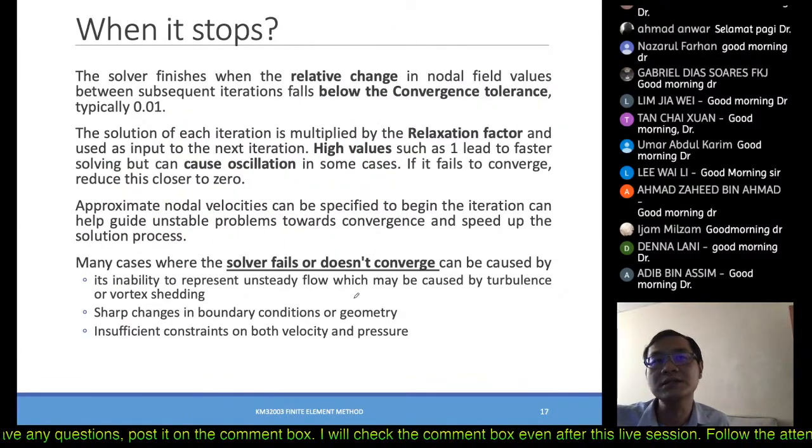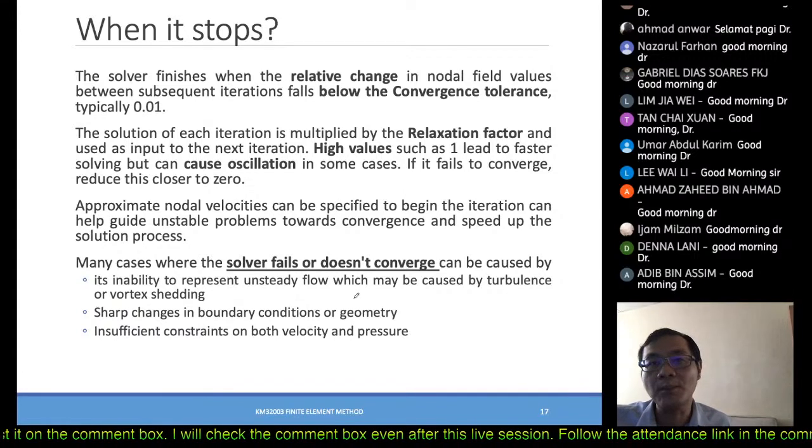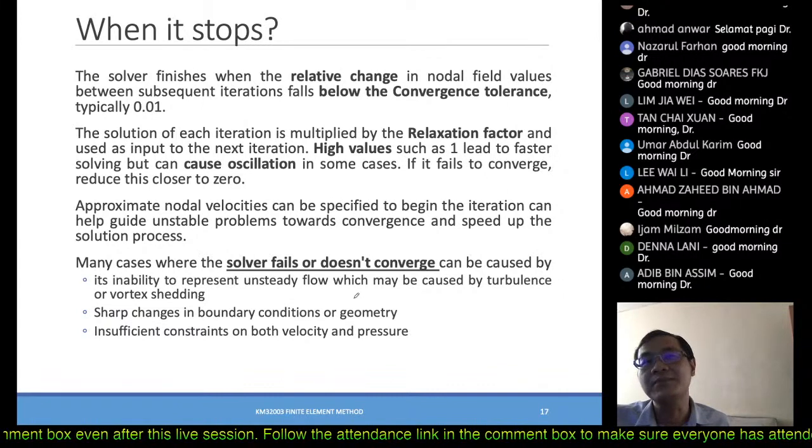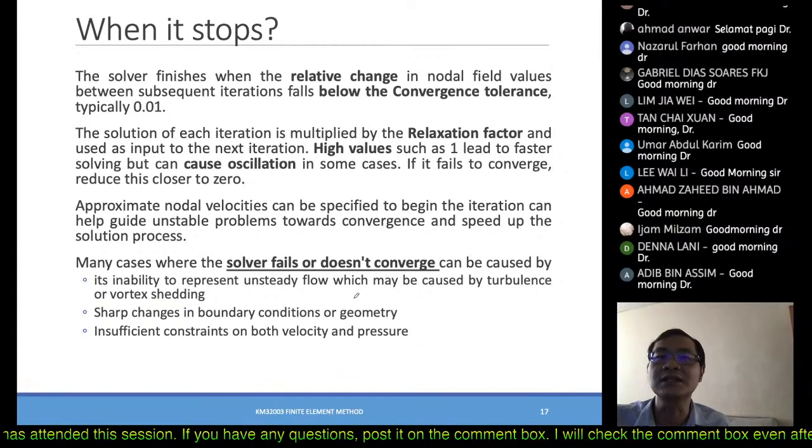So now the question is when to stop, meaning when the software will stop. It can be either success or fail. So the software will eventually stop when it reaches certain criteria.